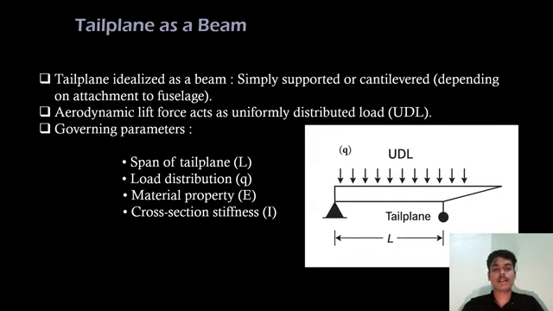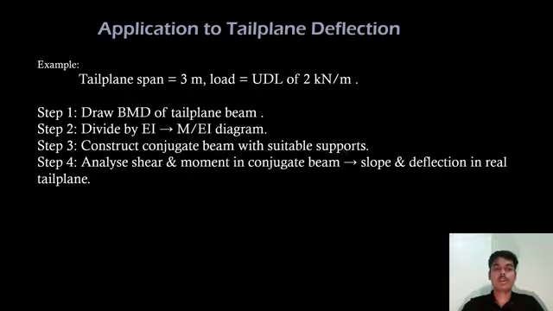Aerodynamic lift force acts as a uniformly distributed load, UDL. It has governing parameters like the span of the tailplane, meaning length, load distribution q, material property E, and cross-section stiffness I. Now, taking an example to solve the problem by the conjugate beam method.